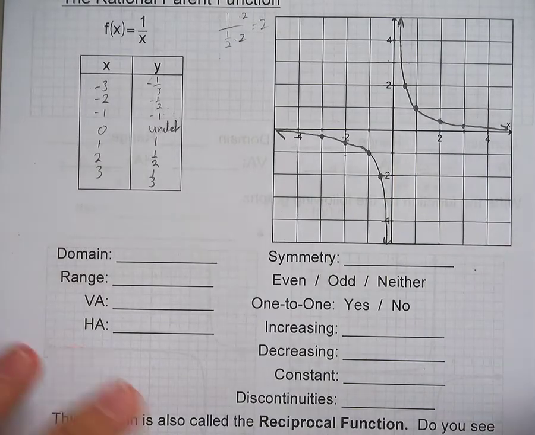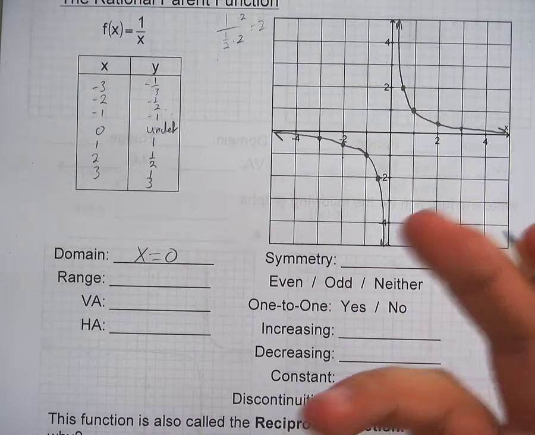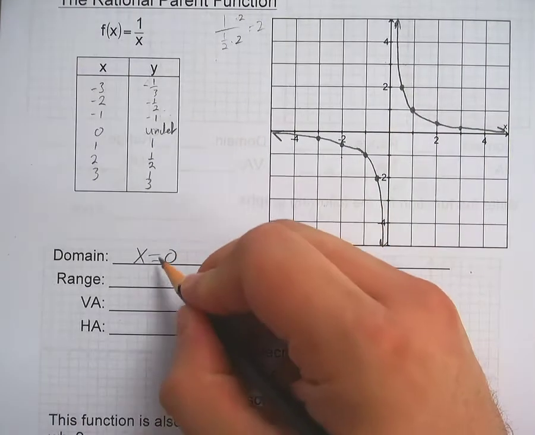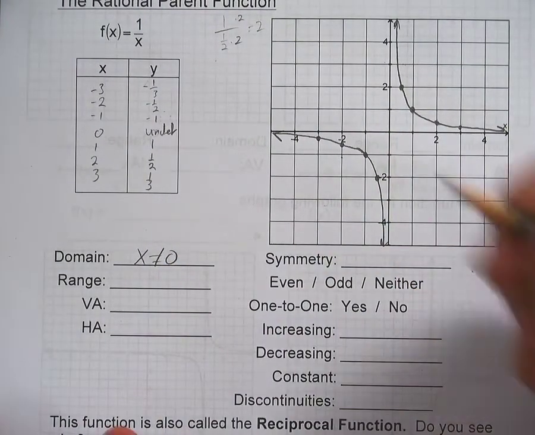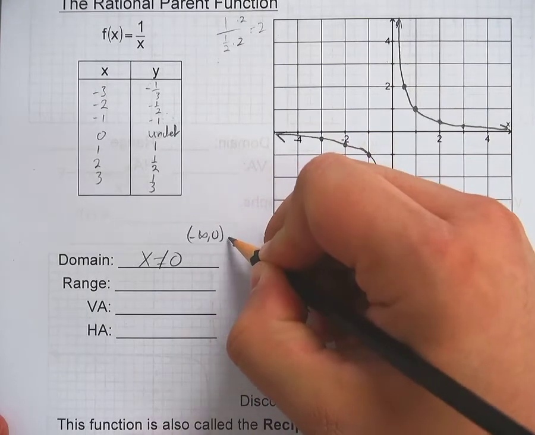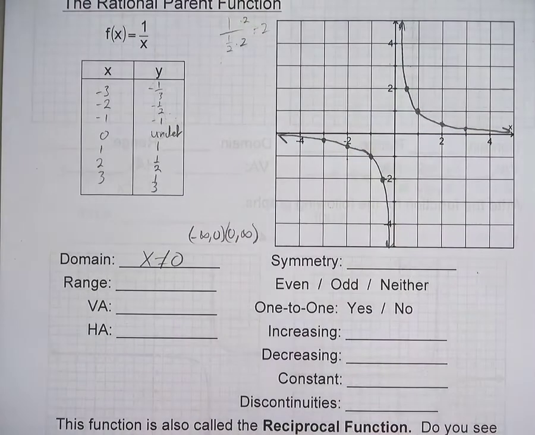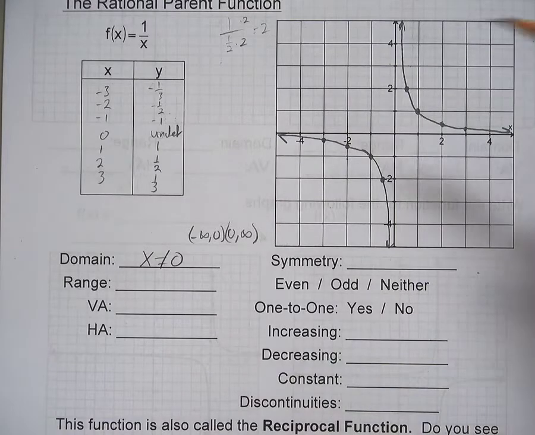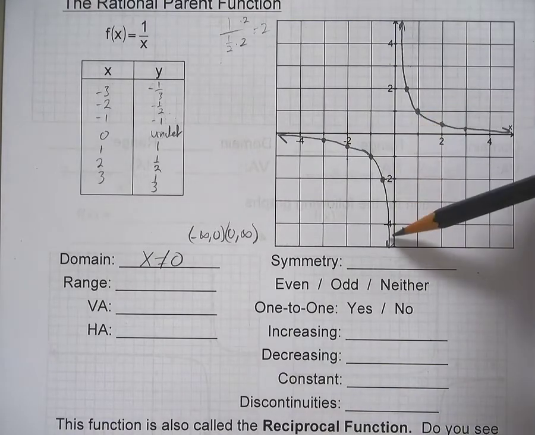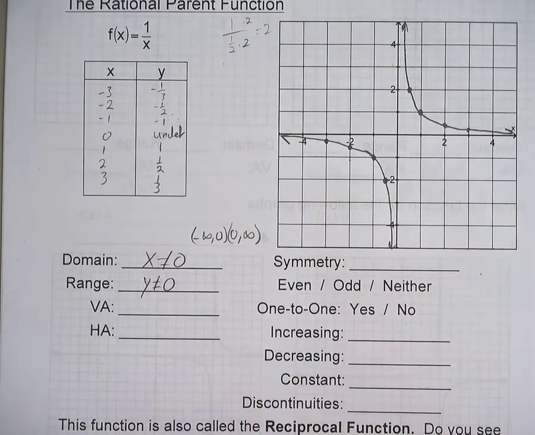So to make it more simple, x cannot equal 0. That's another way of saying it goes from -infinity to 0 but doesn't touch, and then goes from 0 to infinity but doesn't touch, right? Your range is actually the same thing. Y can be everything except 0. Y cannot be 0.